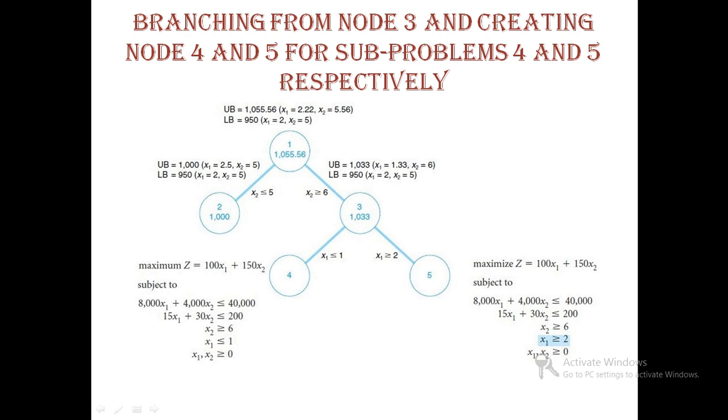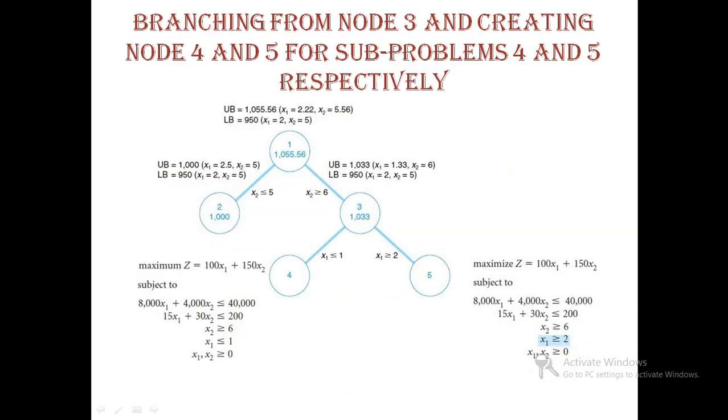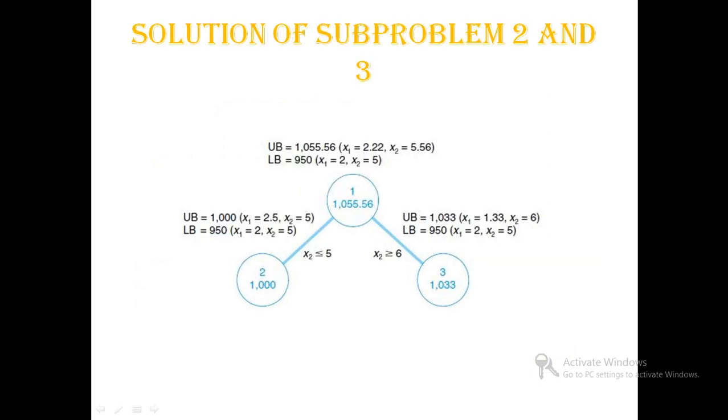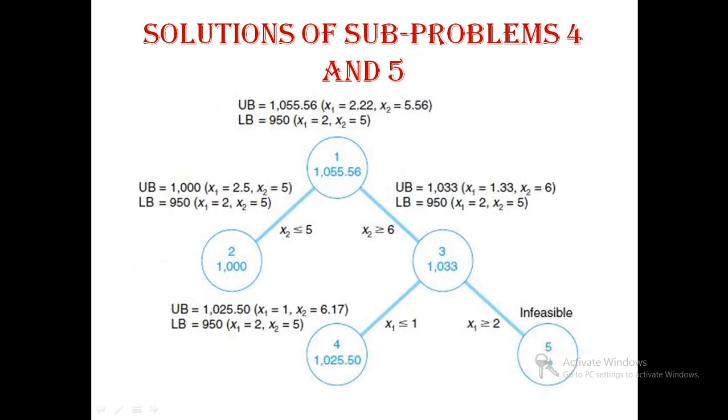Now these sub problems can be solved by using the simplex method, and we find that sub problem 5 has no feasible solution, so we leave it. Sub problem 4 has a solution at x1 = 1 and x2 = 6.17, and the objective value is 1025.